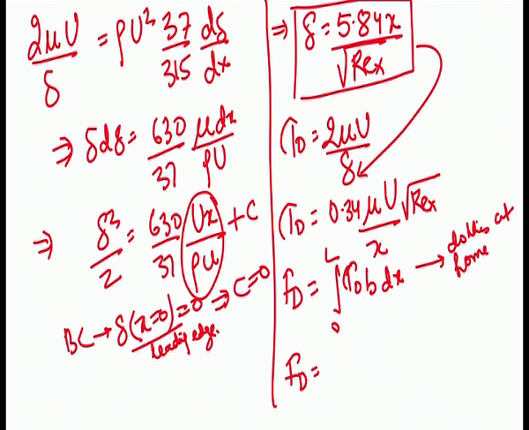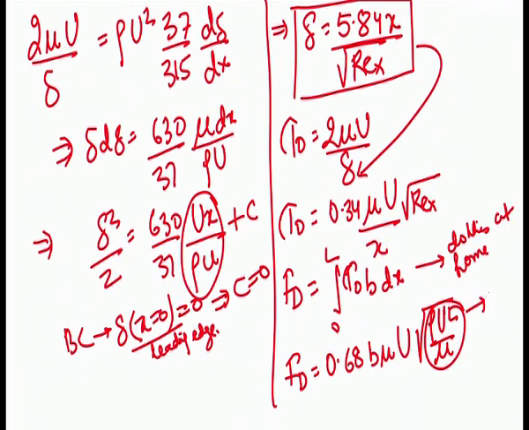Also, put the Reynolds number in terms of U and x, and then you can get 0.68 b mu capital U under root rho U L by mu. This actually is the Reynolds number at L.